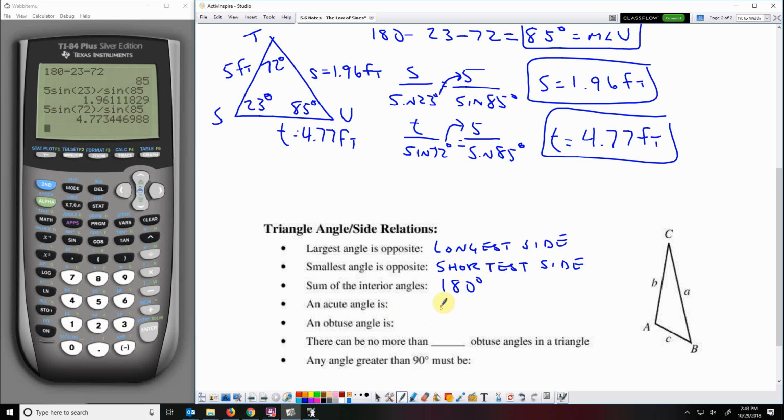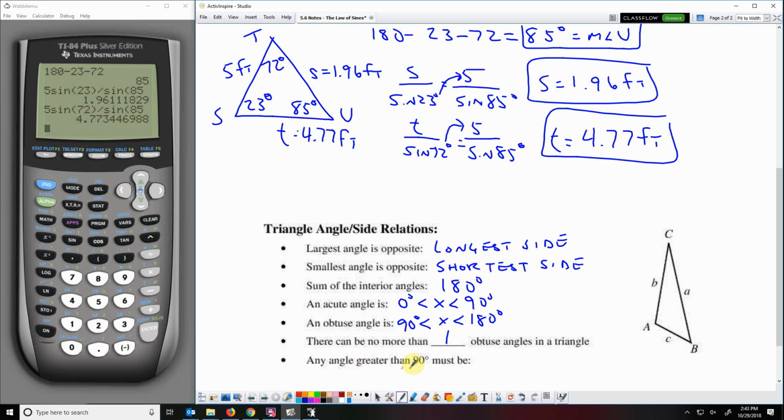An acute angle should always end up being bigger than 0 degrees, but smaller than 90 degrees. An obtuse angle should always be bigger than 90 degrees, but smaller than 180 degrees. You can't have more than one obtuse angle in a triangle.